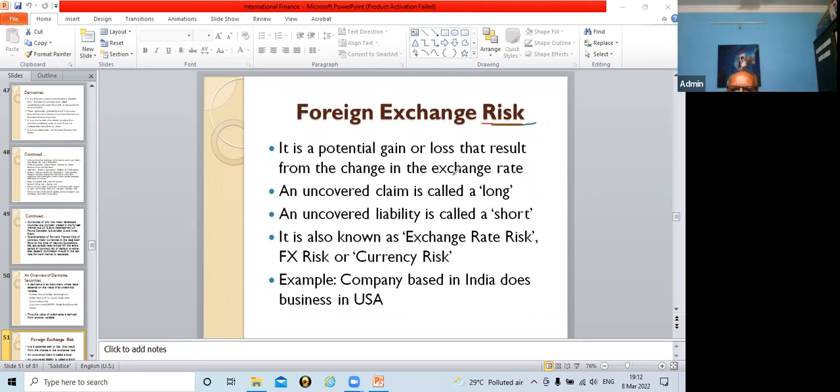How much amount do we have to pay on 10th of March for $10? Can you answer me?